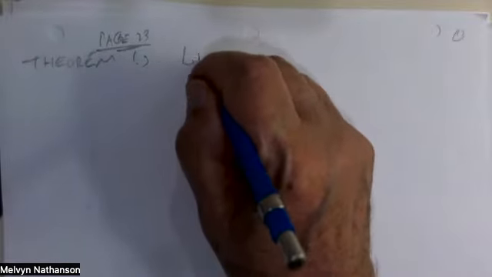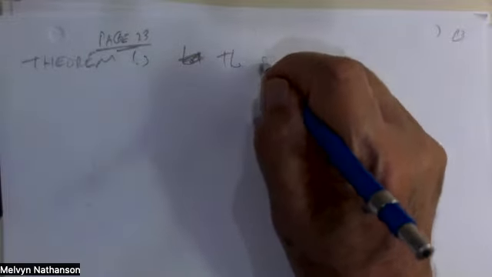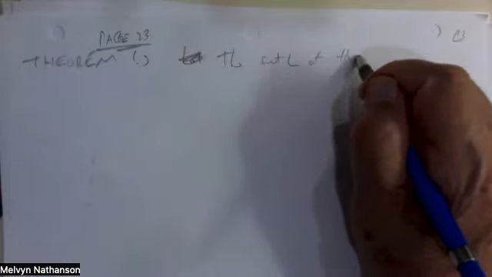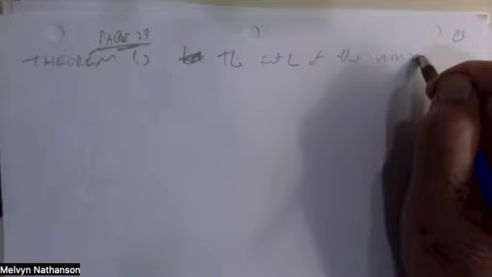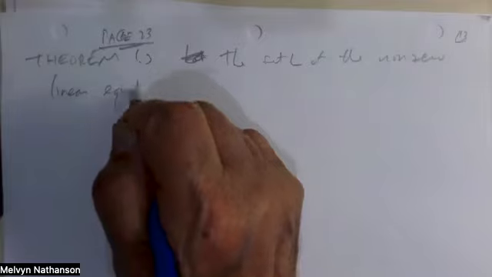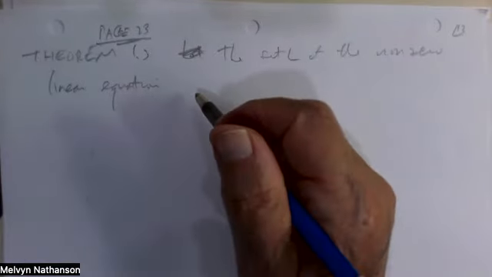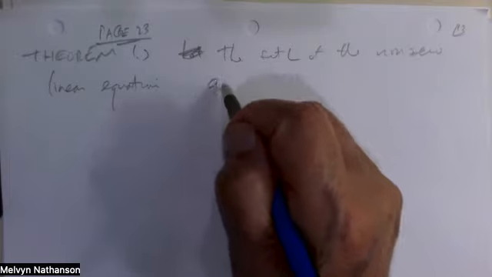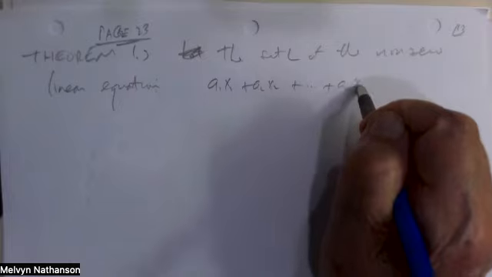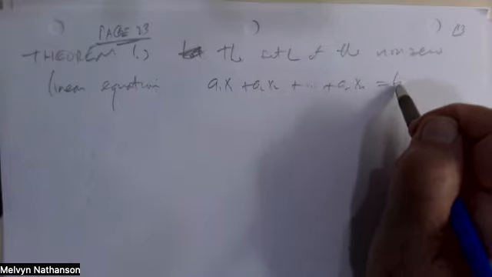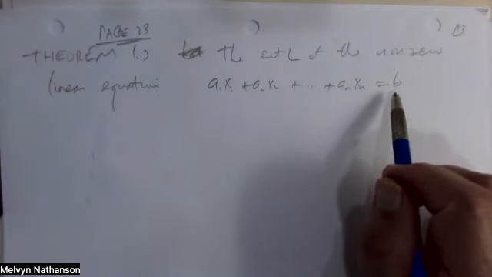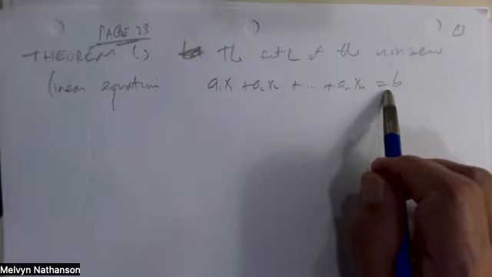So the theorem says the set L of solutions of the non-zero linear equation a1x1 plus a2x2 plus ... plus anxn equals b. So b could be 0, that's the homogeneous equation, but b can also be non-zero, which is the inhomogeneous equation.